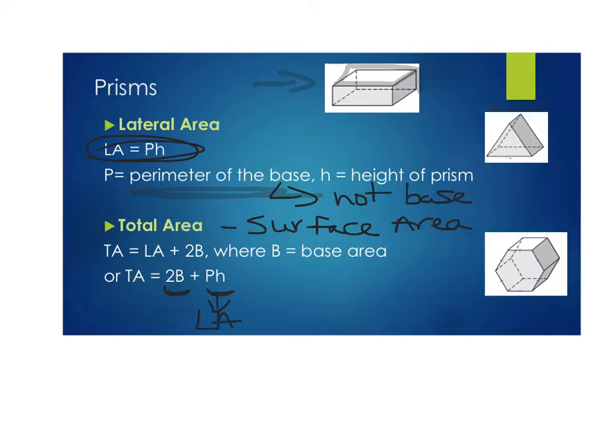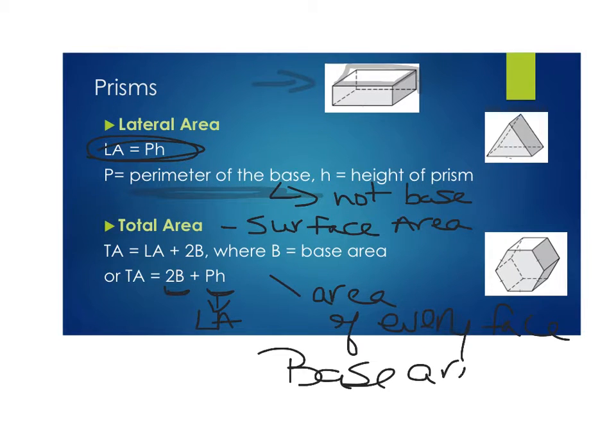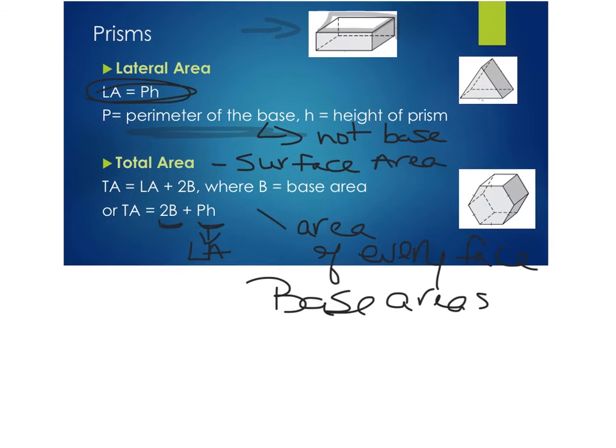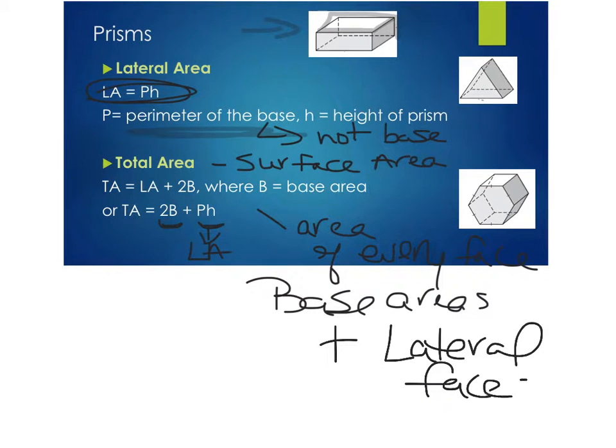It's the lateral area. Total area is the area of every face. So it's the base areas, top and bottom, plus all the lateral faces and the area of all those. That's what surface area is.